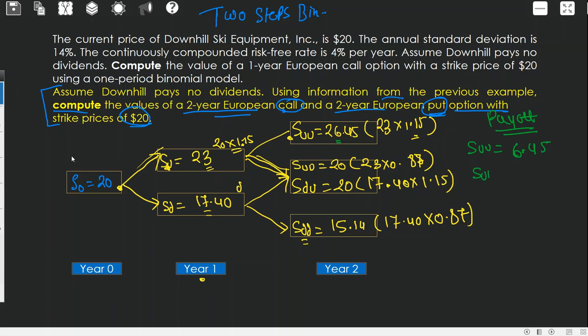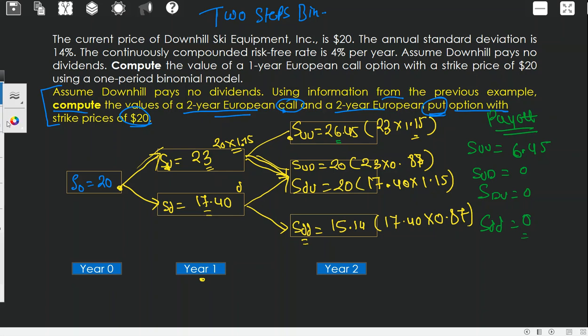Now SUD will have no impact, it will lapse because the price of SUD or SDU is not exceeding the strike price. So this will give me 0 payoff. SDU will give me 0 payoff and SDD will give me zero payoff. So we got our payoff.